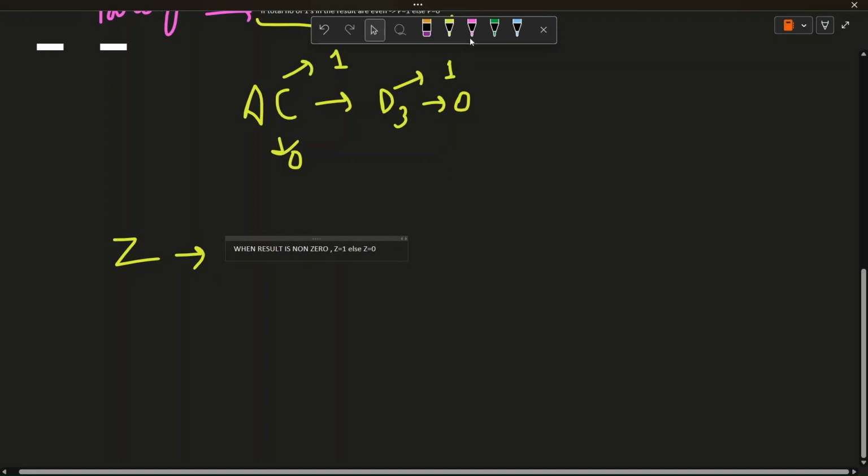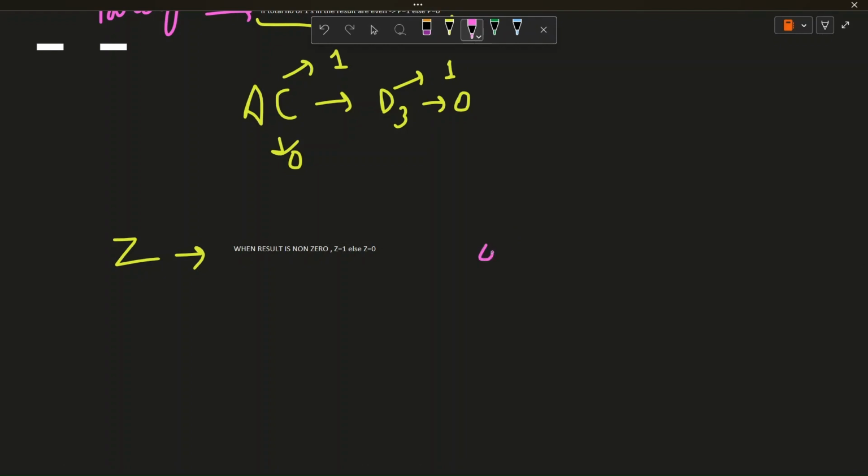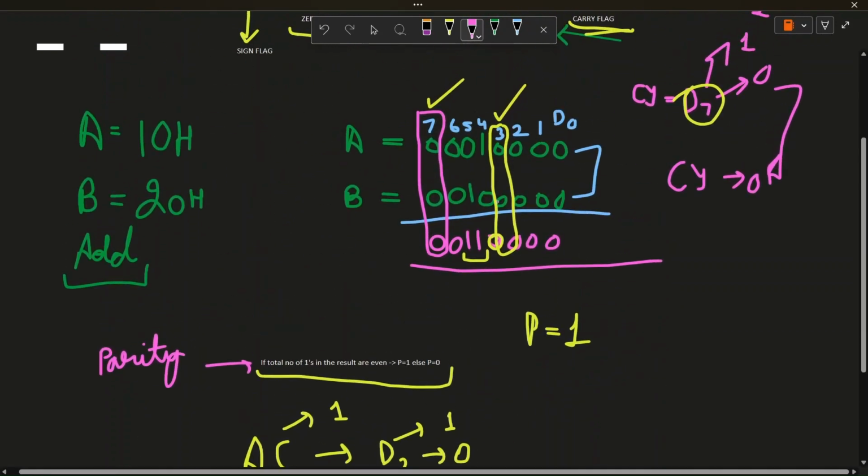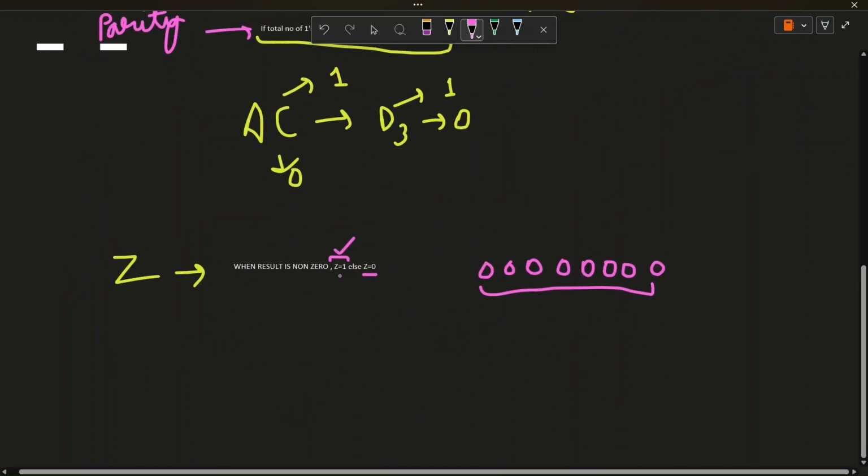So when all eight bits of the output or result are 0, we put 0 in our zero flag, but if our result is non-zero, we write Z equals 1. Seeing this example again, it is a non-zero result, hence our Z value would be 1.